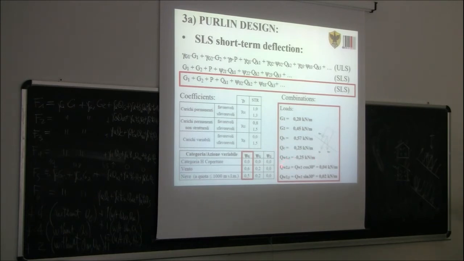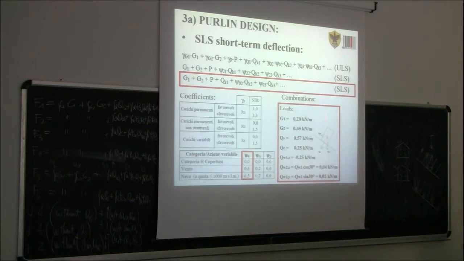And then we have, in terms of QW1 Z, one value, vertical, and QW2 Z is 0.04 kN per meter. We would also have one small horizontal component for QW2, because again the wind is perpendicular to the surface of the roof.